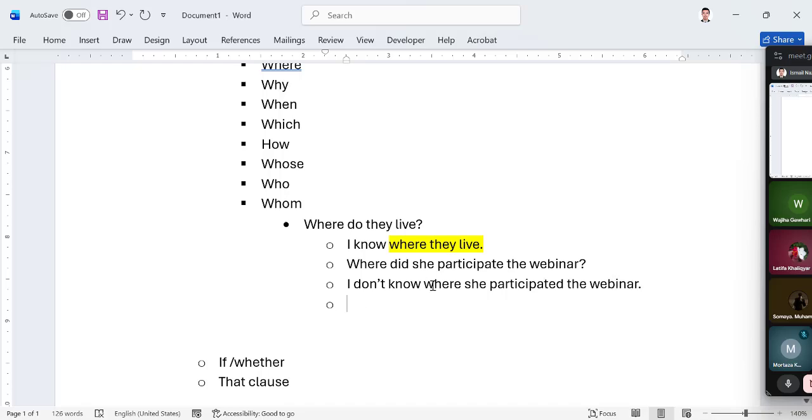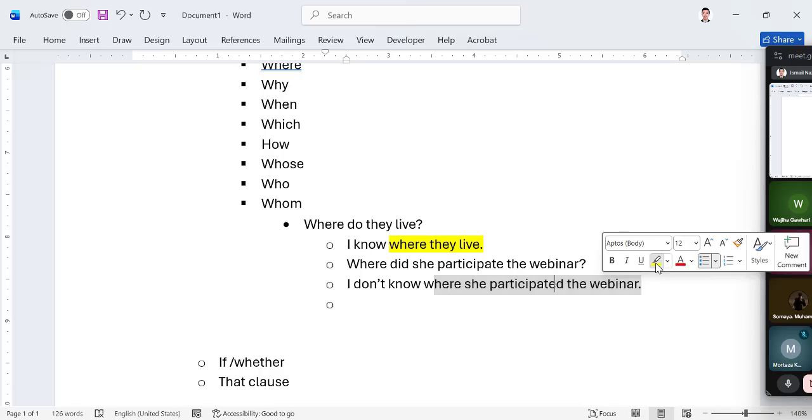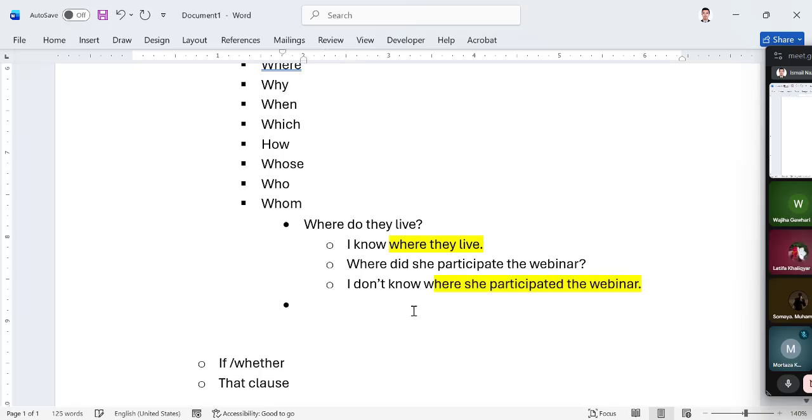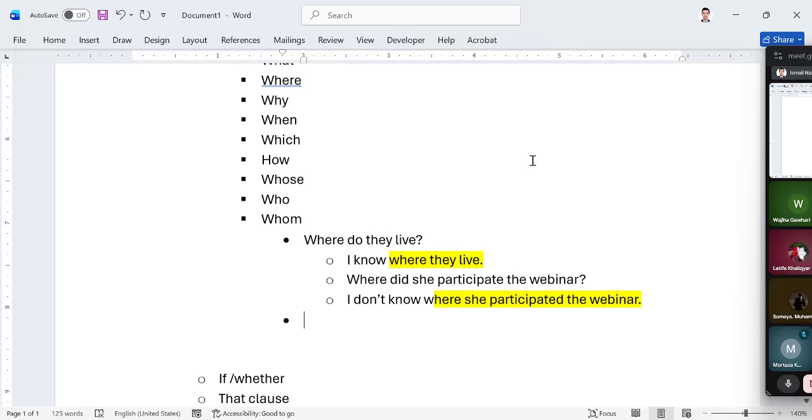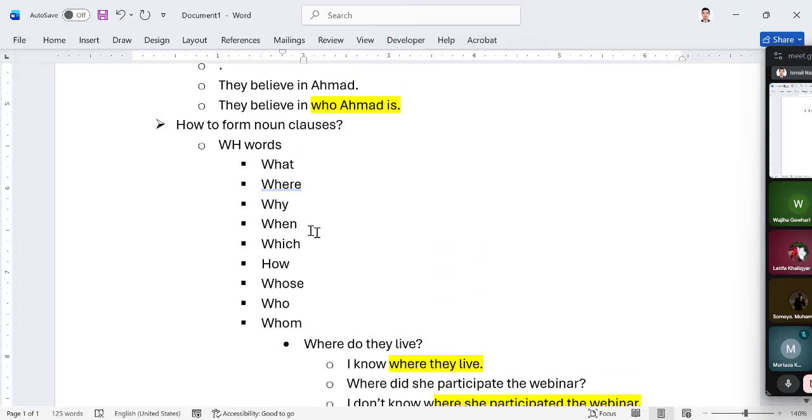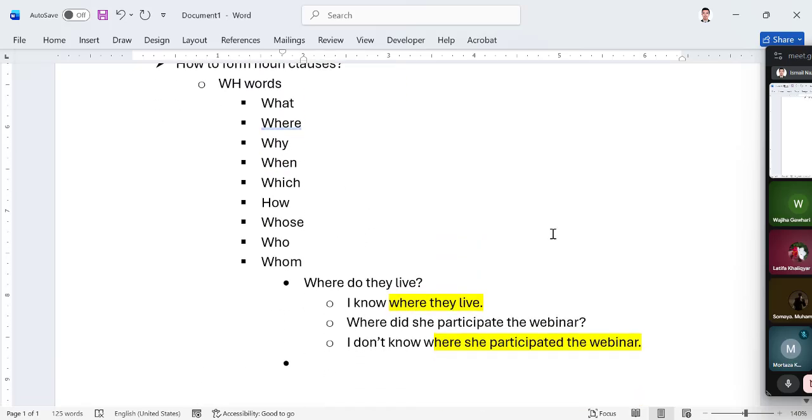So the noun clause here we have is where she participated the webinar. So this is the noun clause we have. Similarly, if you have other question types, for example, with these WH words, where, why. So who can ask a question with one of them? And we'll change it.